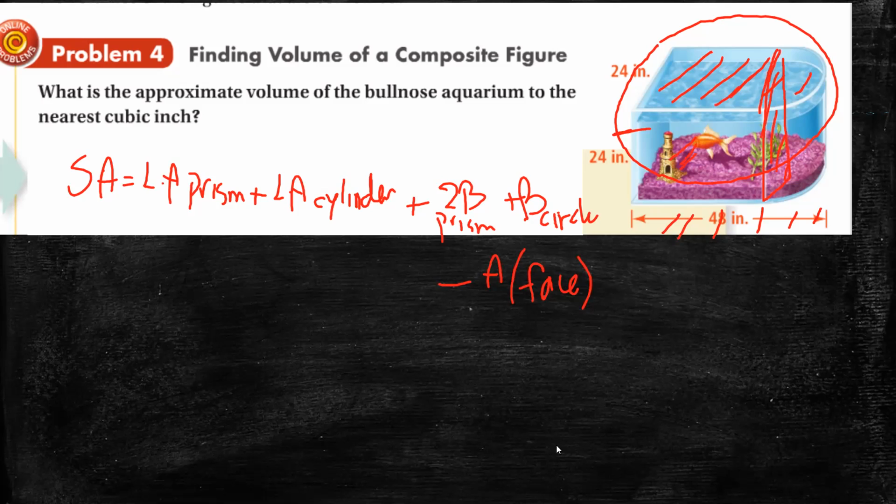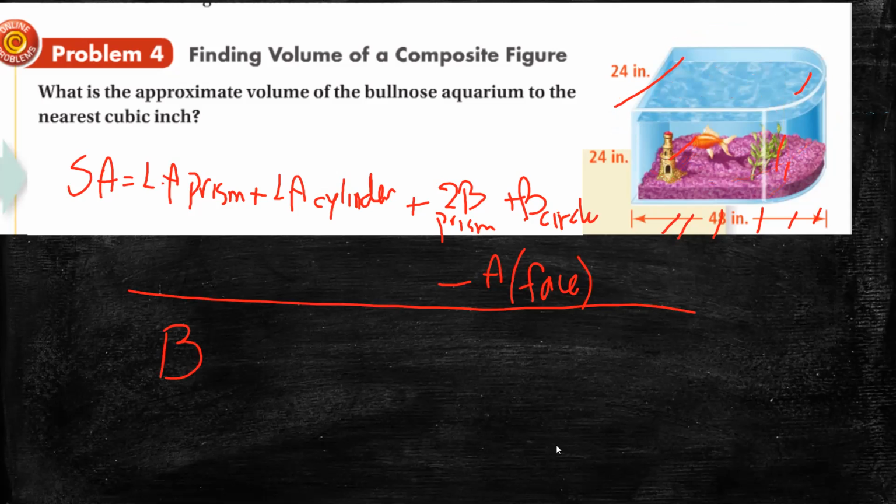Another way, you can say that if I suppose this is my cylinder, my base here. So if this is my base, I will say the area of the base only plus the lateral area of the prism.